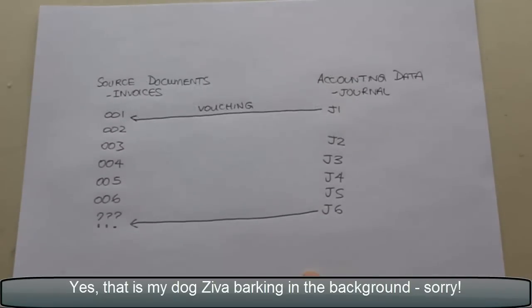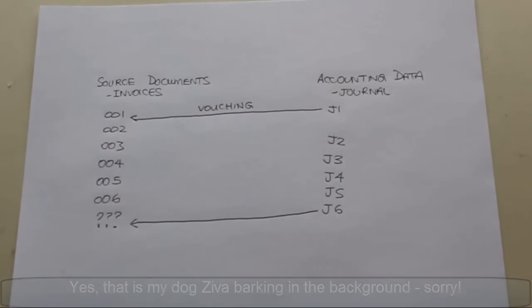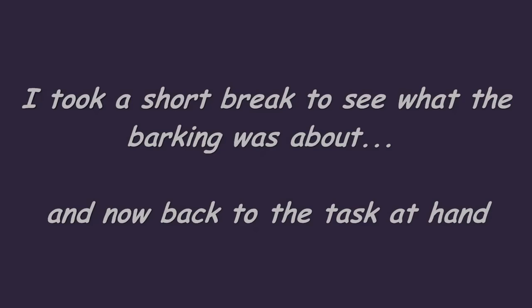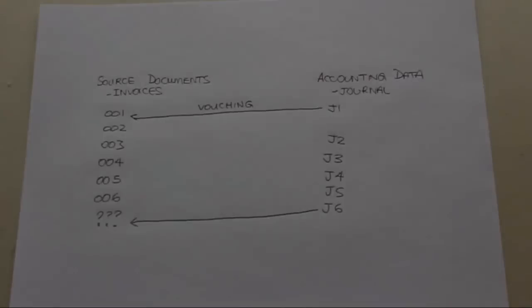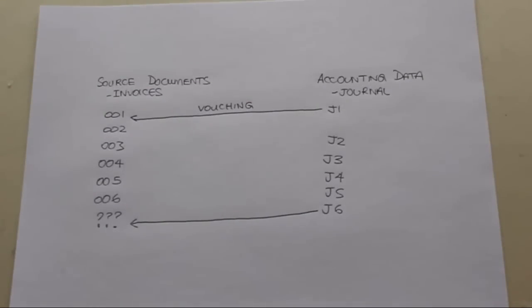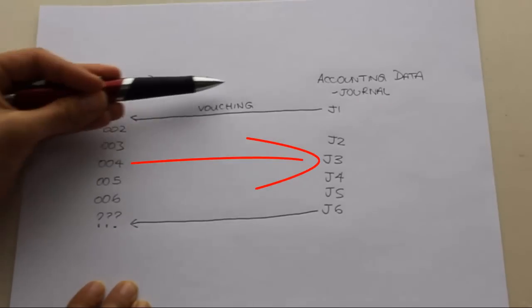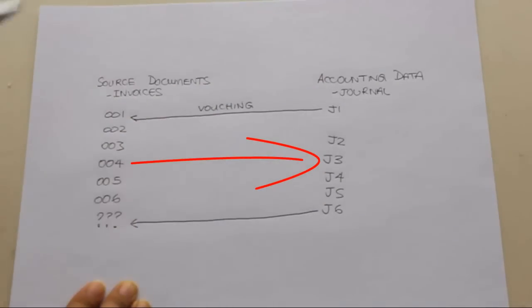So let's move the other way. So how do we test completeness? When we test completeness, we do the opposite. We start with our source documentation and then we trace it forward to the accounting data.